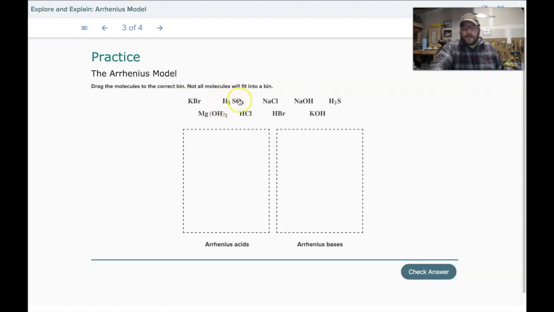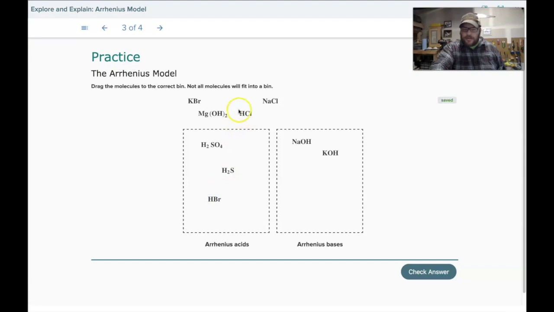This one has the hydrogens up front, so I kind of gave away the answer there. Here we got sodium chloride, doesn't have either one. Here we have a hydroxide group, we already said that was a base. Here's the hydrogens up front again, so that's going to be our acid. Here's our hydroxide right here, so we have a base, hydrogen up front, we got an acid.